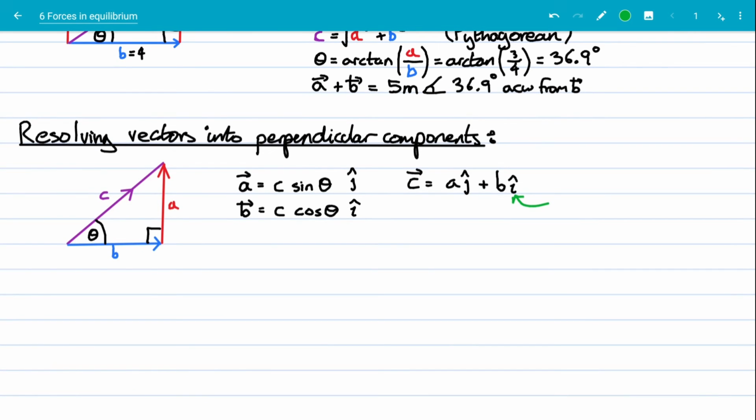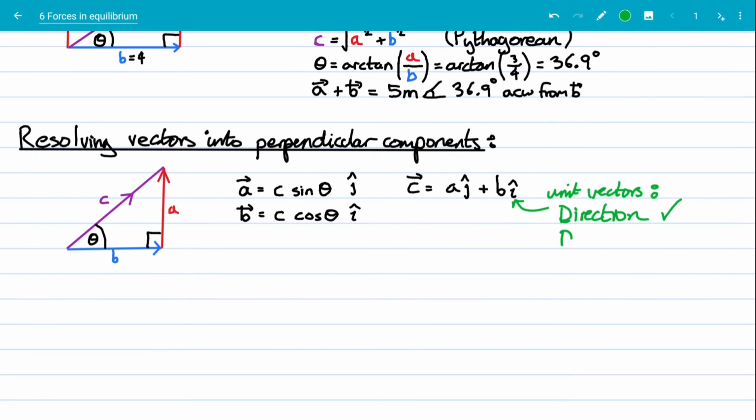Let's just make a little note of this. Unit vectors, so they have direction, but they don't have any dimension. They're not lengths, they're not times, or anything like that.